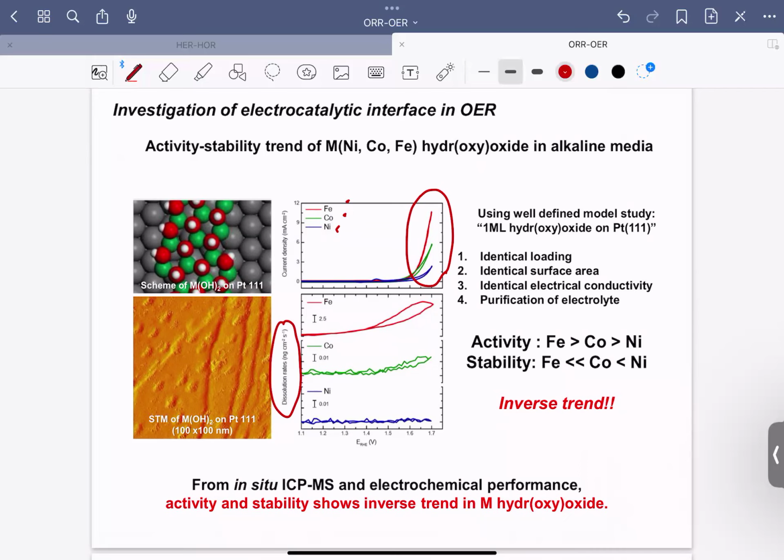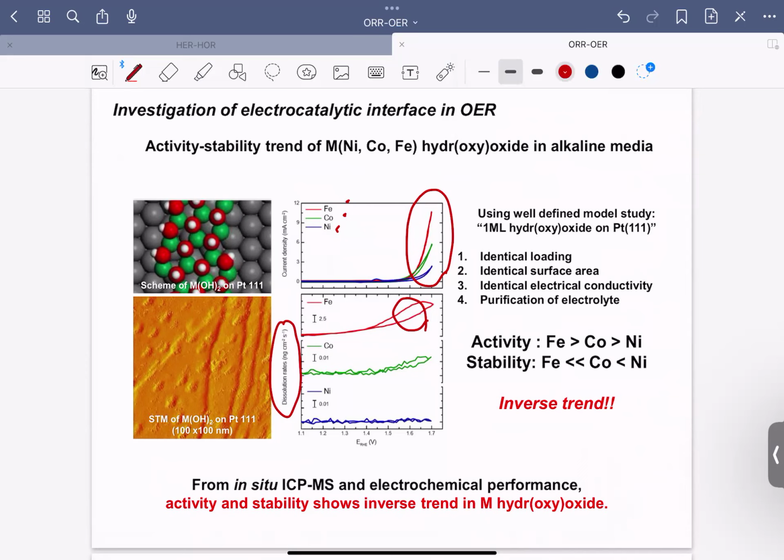This is really in situ data to monitor the dissolution during the oxygen evolution reaction, so we can count how many atoms dissolve during the potential cycling. If we quantify the dissolution during the reaction, the iron shows the highest dissolution compared to the cobalt and nickel.